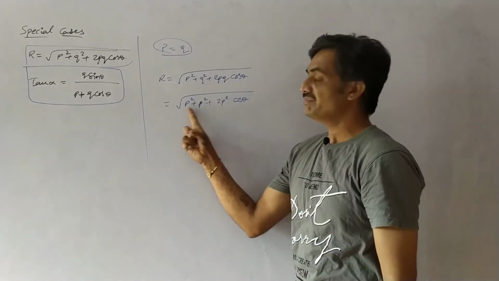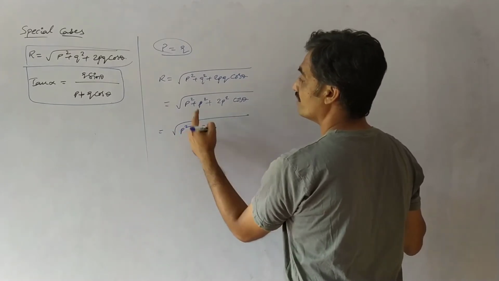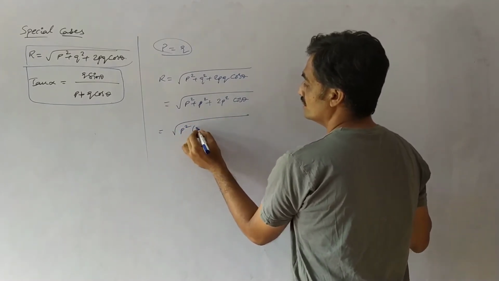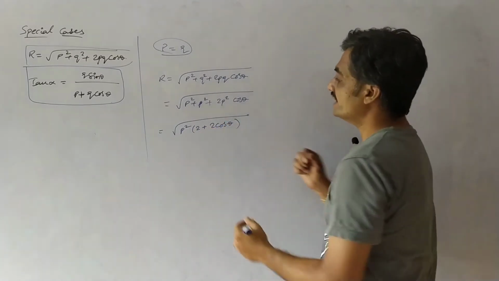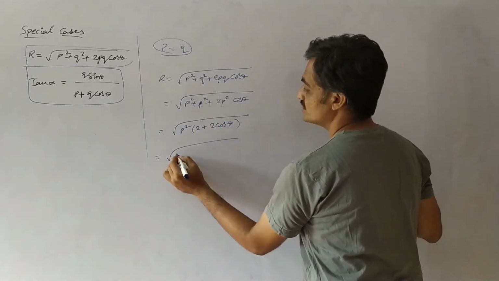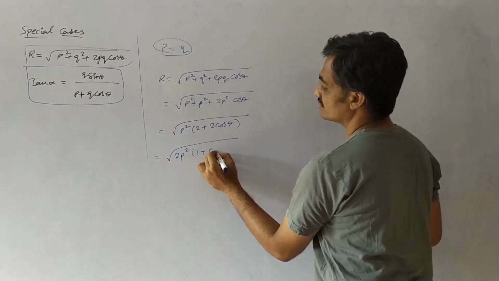Observe that I can take P square as common: we have 1 plus 1, 2, plus 2 cos theta. If we take 2 as common, then we have 2P square into (1 plus cos theta).